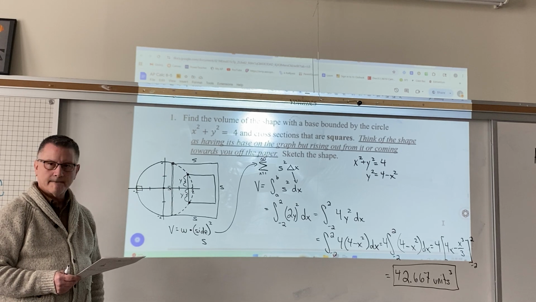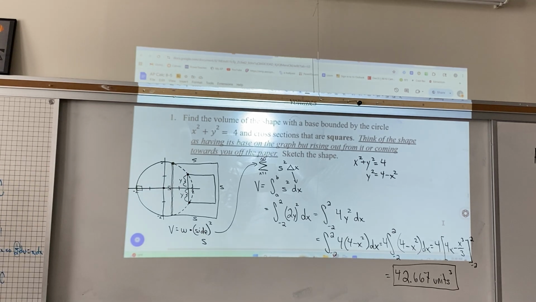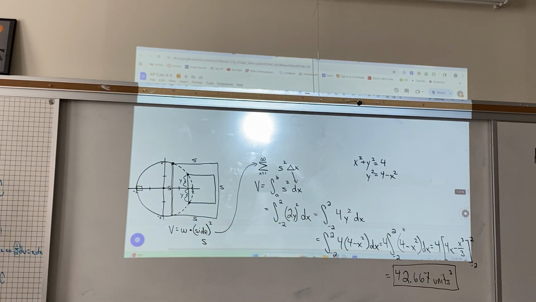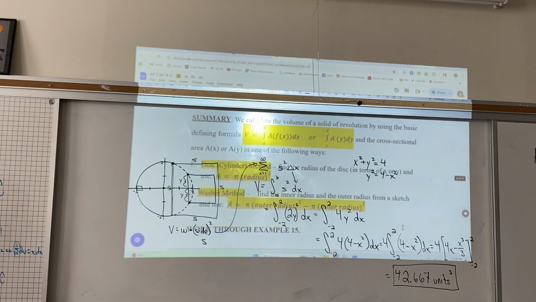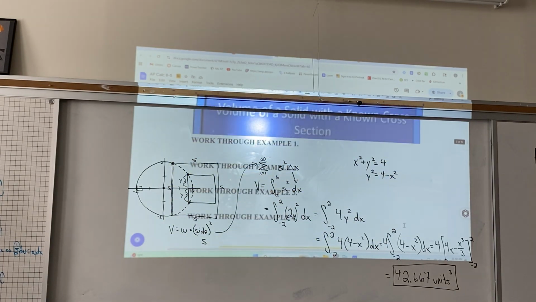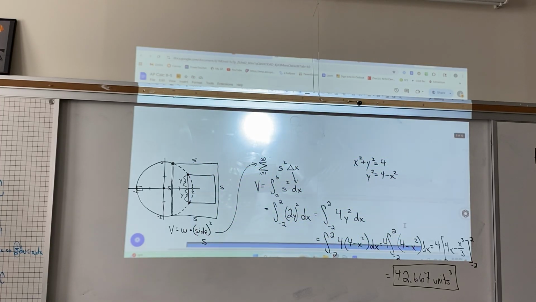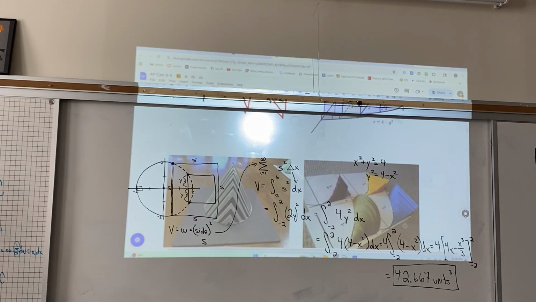What does this look like? Well, there's what it would look like if it were triangles.